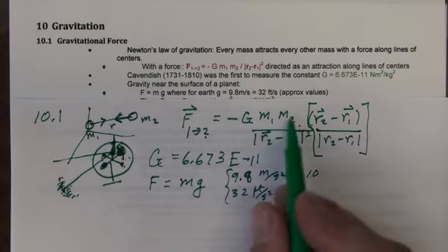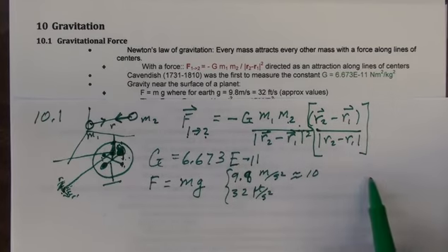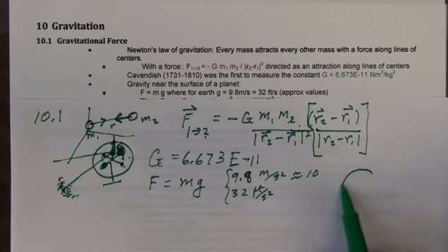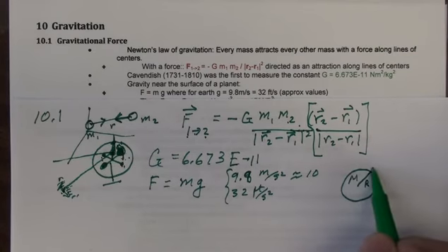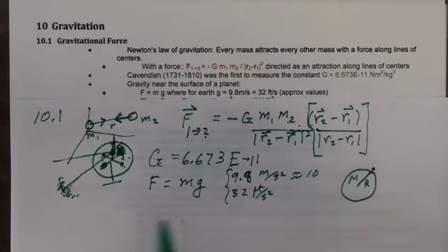And how can we reconcile these two formulas? Well, if we look at the Earth, which has a radius r and a mass m, and look at an object that's near the surface of the Earth, then we can apply this formula here. What we would get is F, the force on mass m1, would be equal to G, and I'm going to ignore the signs now, G times m1 times the mass of the Earth.